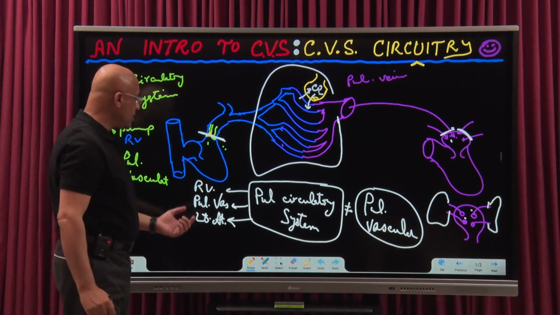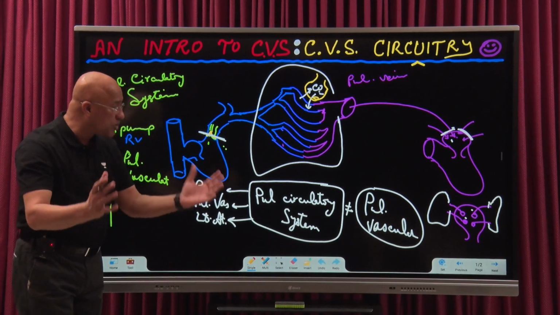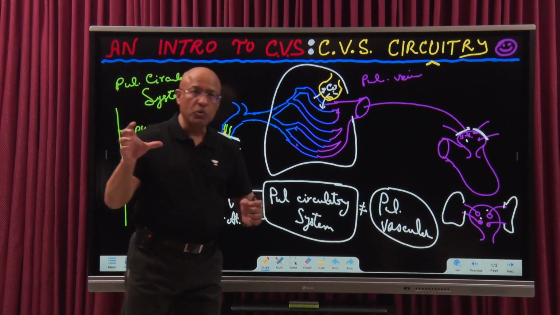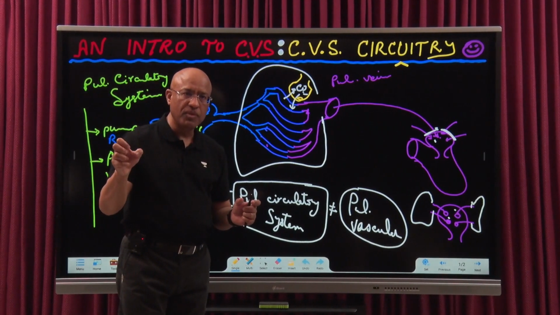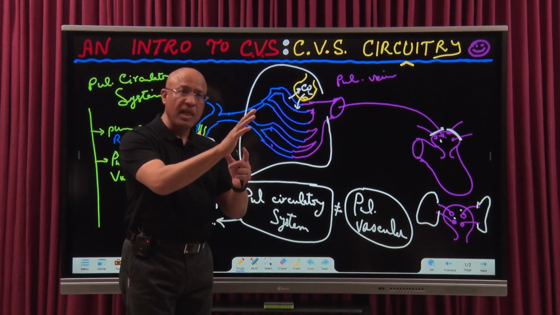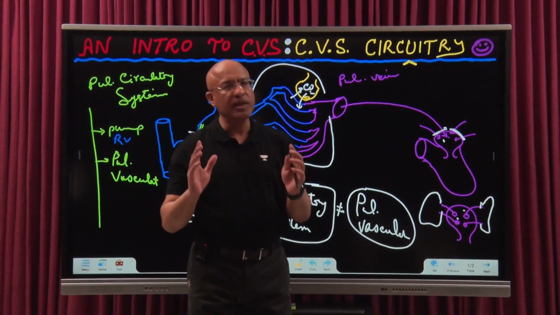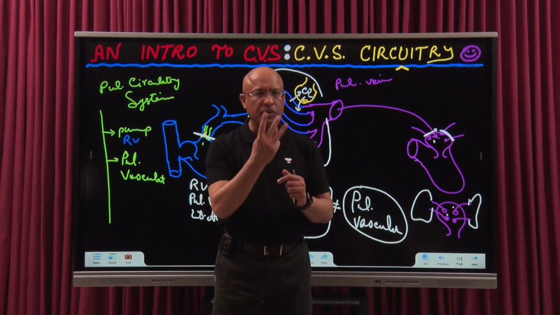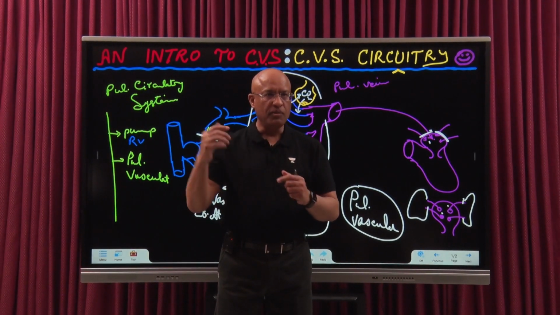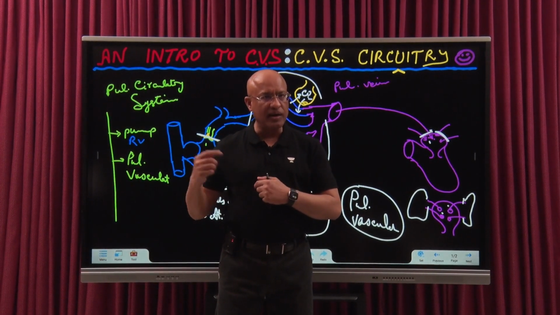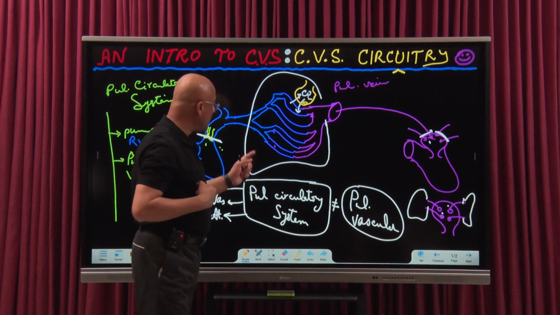So we can say, when we are talking about total pulmonary circulation, we have to talk about the pump of the pulmonary system, the vasculature of the pulmonary system, and the final drainage of the pulmonary system. So we can say the pulmonary circulatory system consists of how many components? 3 components. 1 component is from the right heart, that is right ventricle.